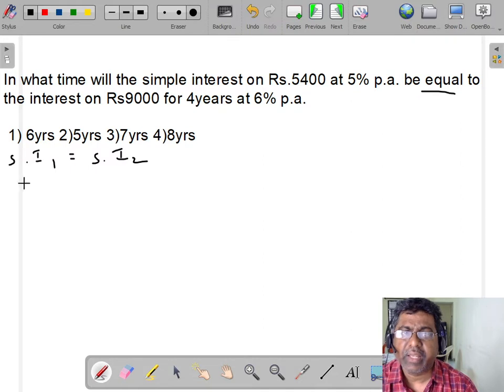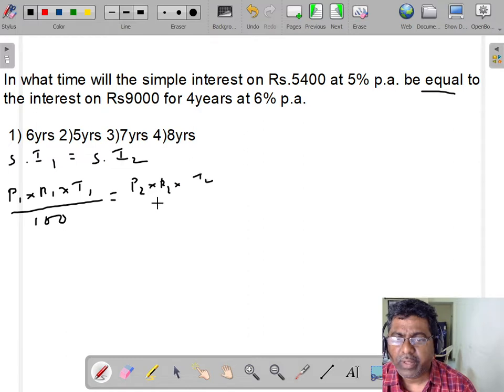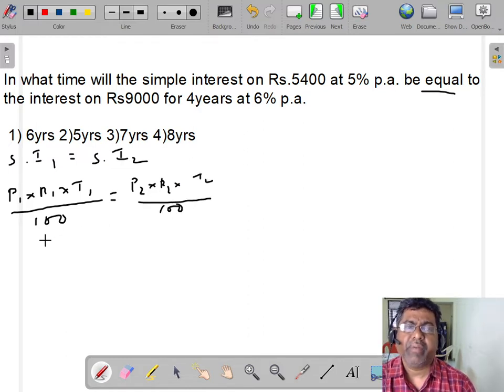The formula: P1 R1 T1 by 100 is equal to P2 R2 T2 by 100.